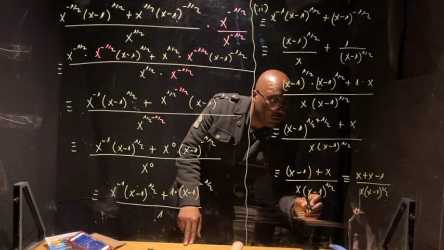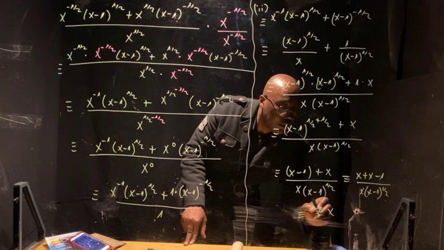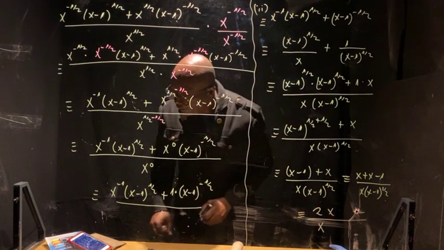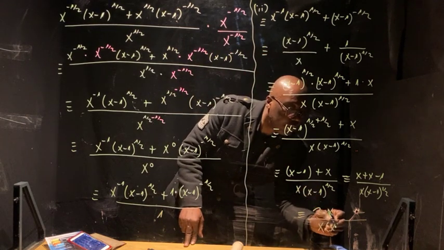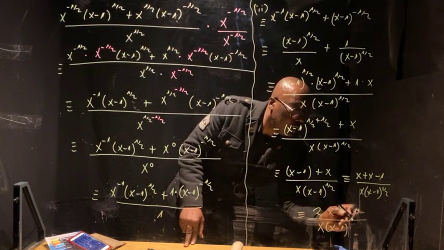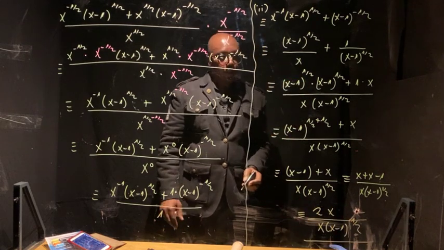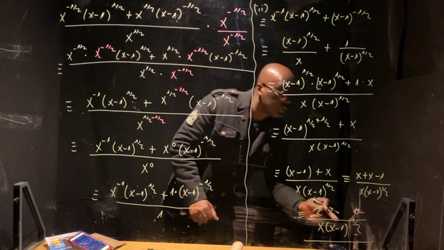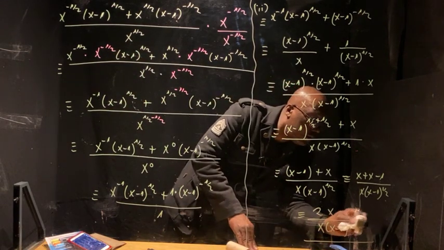You are left up with x plus x is 2x over x minus 1 half. The same as the previous answer. Let me do it correct.